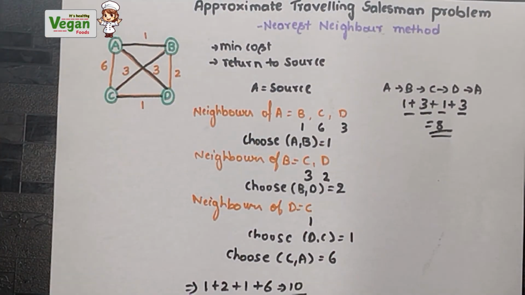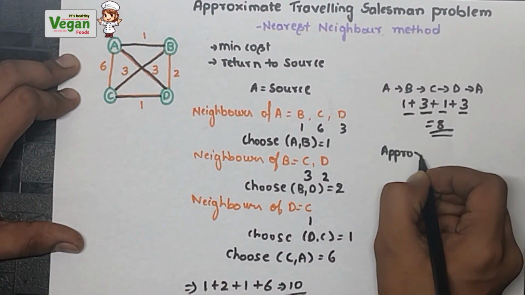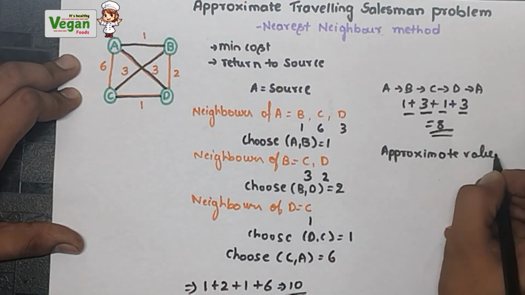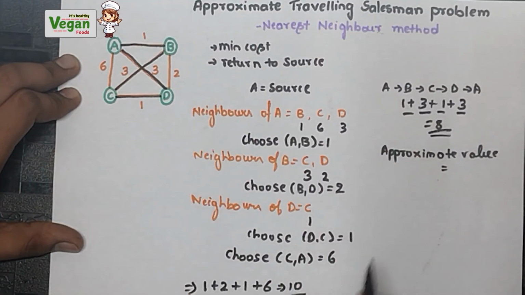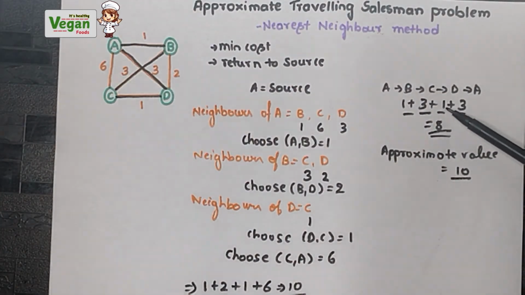If we see the ratio, that is the approximate value. The approximate value is equal to what I got with the nearest neighbor, that is 10, divided by what I got with the other least cost path, that is 8.